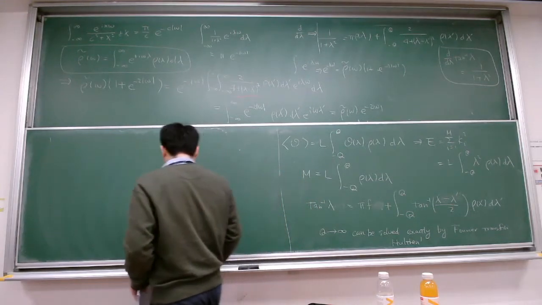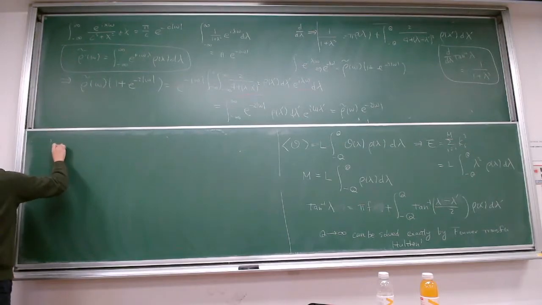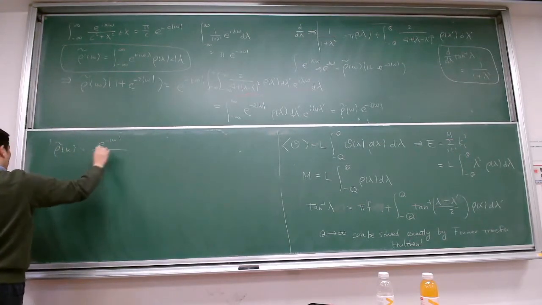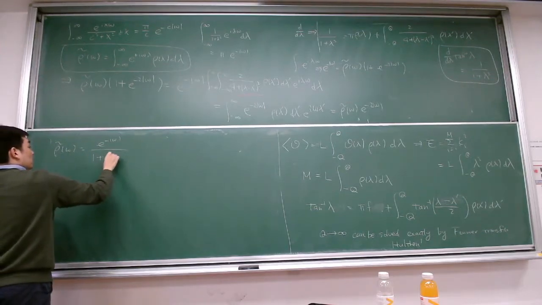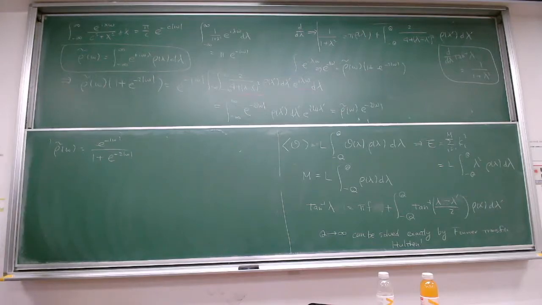So from here, rho tilde of omega should be e to the minus omega divided by 1 plus e to the minus 2 omega. And then do the Fourier transformation.